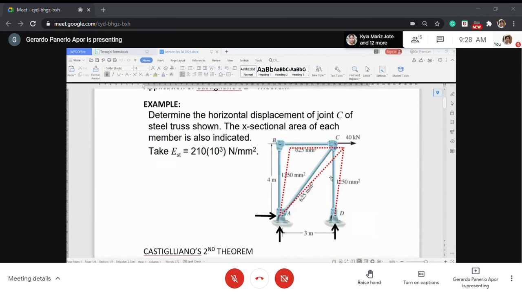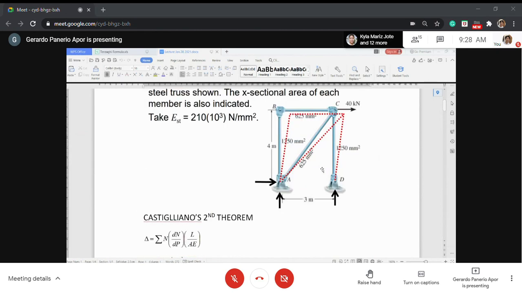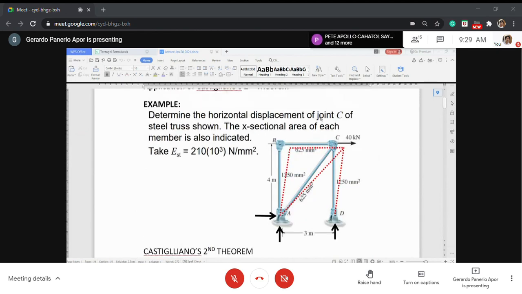Now, we apply load P in line with the direction at the point where we are interested. The question is, what will be the direction of the P that we are going to apply? Is it horizontal or vertical?